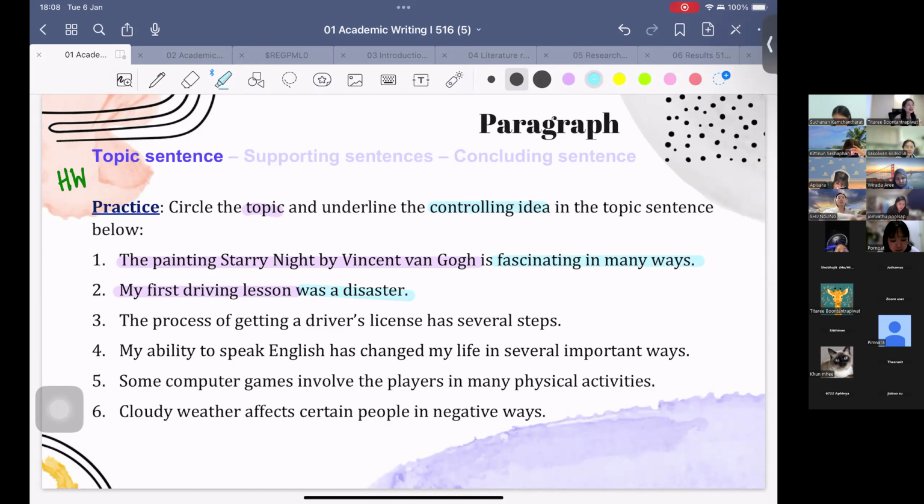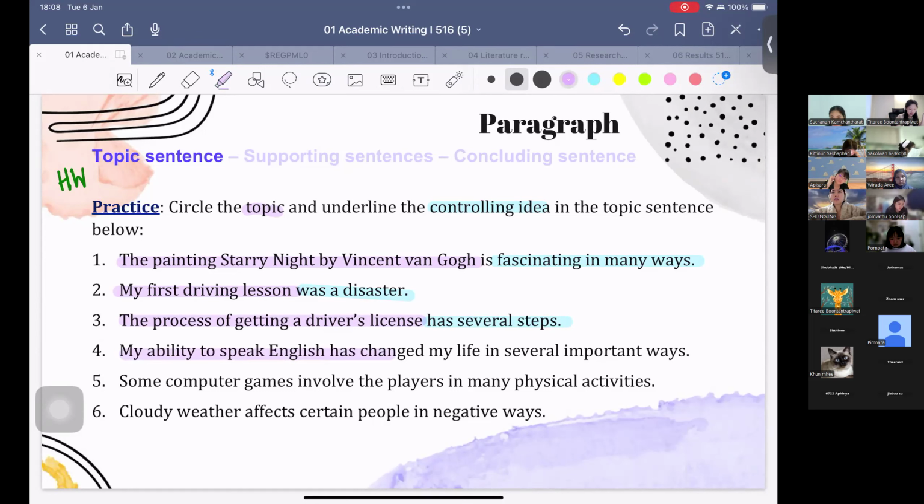And then number three, the process of getting a driver's license. That would be the topic. This one would talk about the process. So definitely the controlling idea would be that this process has several steps. Next one, the topic would be my ability to speak English.